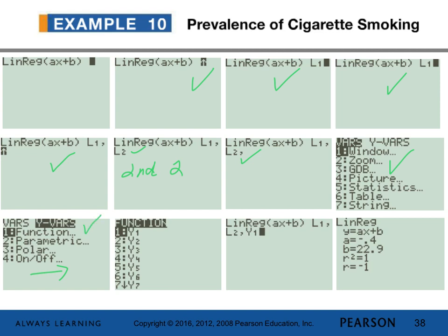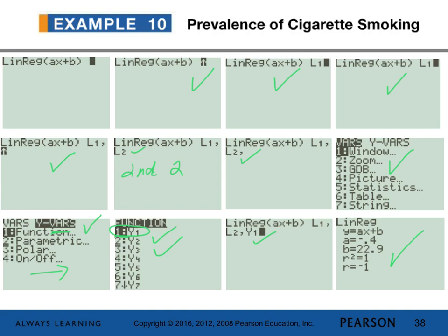Then first enter chooses function, which is this option. The second enter chooses Y1, which puts it on your screen here. The third enter takes you to the information for your equation.